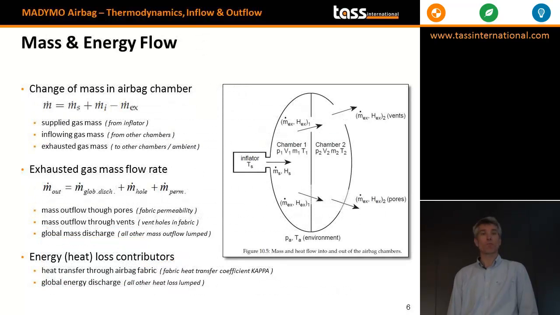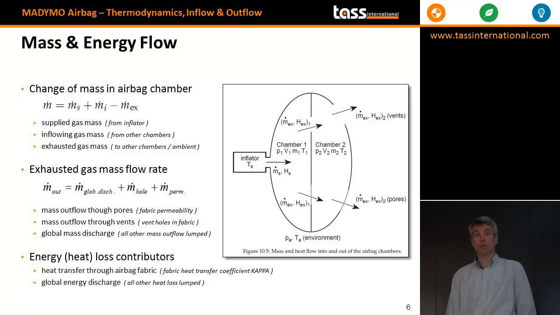Well, now let's go to the mass and energy on the next slide. Here you see a simplified example of an airbag. It contains two chambers. In the left there's an inflator and it has its own state, so pressure, volume, mass, temperature, and there are defined a few holes. But it can also be a permeability, and due to those holes and permeability, gas can flow from chamber 1 to chamber 2.